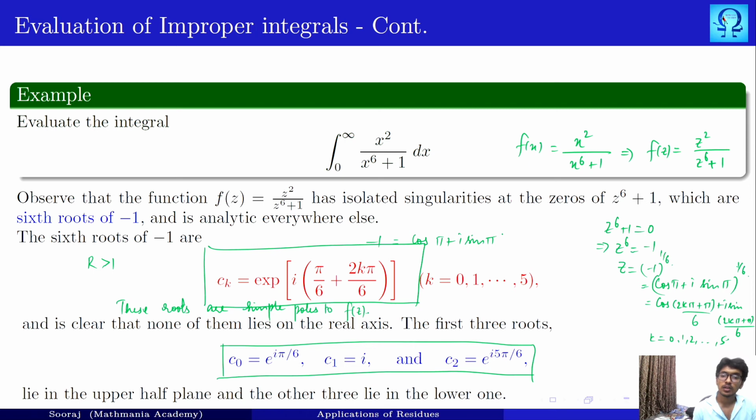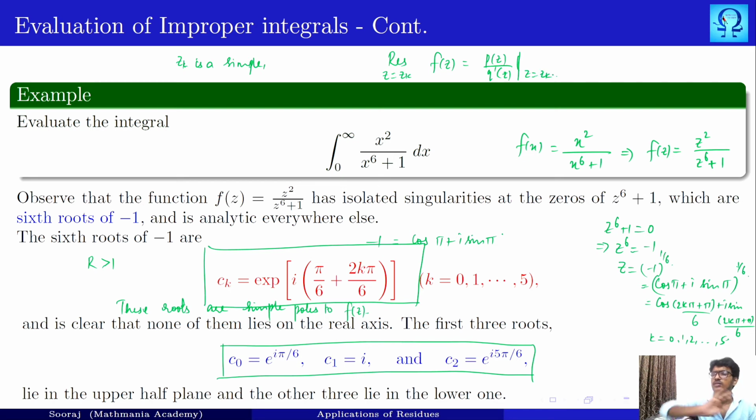to f of z. When you have a simple pole of a function, and you are trying to identify the residue of the function at its simple pole, if your f of z can be written in the form p of z upon q of z, and zk is a simple pole, then the residue is given simply by p of z upon q prime of z, evaluated at z equals zk.